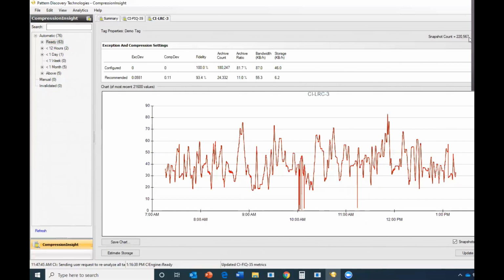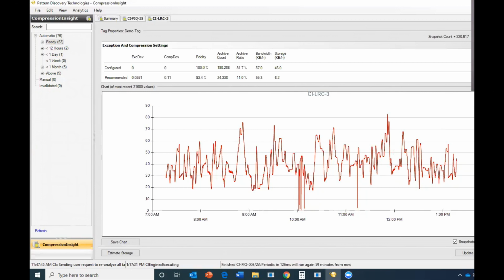There's still a very little bit of compression going on because it's not retaining exact redundant values. When you look at the archive versus the snapshots, there are the original snapshot values, and there are the archive values overlaid directly on the snapshot values. So we have achieved 100% data fidelity.